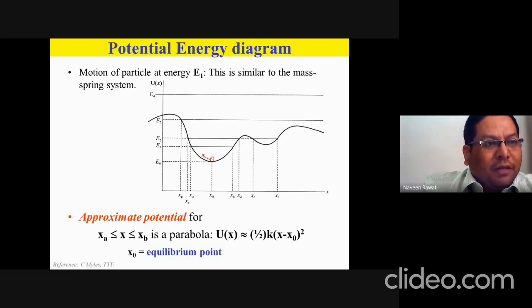Just by intuition you can understand, if you drop something here, it is just going to go back and forth in this bowl-like picture, and that essentially is your simple harmonic motion, 1/2 kx square. The proper way of writing it is 1/2 k times x, the displacement from the equilibrium position, so it is x minus x0 the whole square. That's how we represent the U of x function.